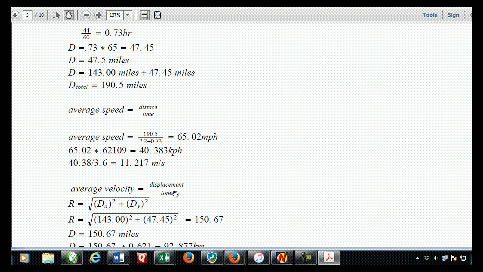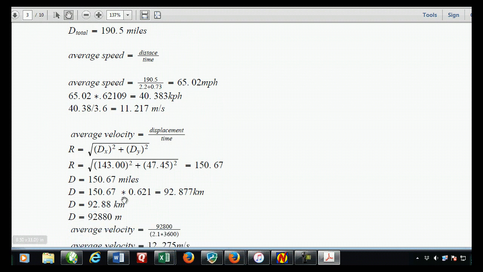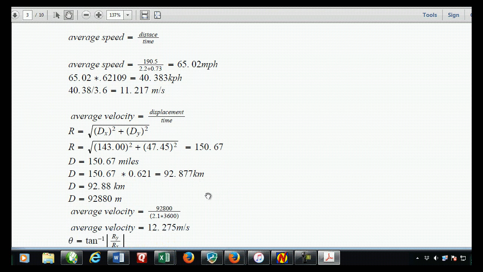Average velocity is displacement over time. So we had to take the dx, which is the x distance, and the y distance, that's the components for each one. Add them up, take the square root of the squares, it's got 150.67 miles times 0.621 gives me 92.877 kilometers. We know we want two decimals, 92.88 kilometers.